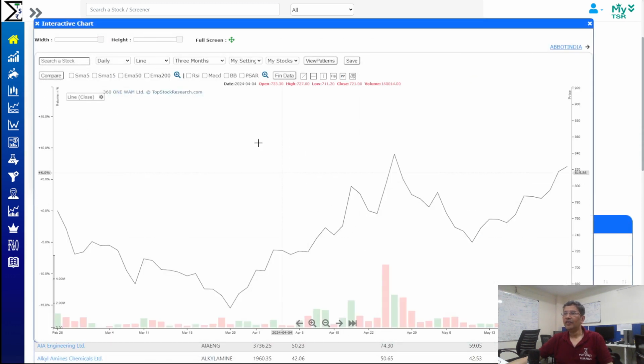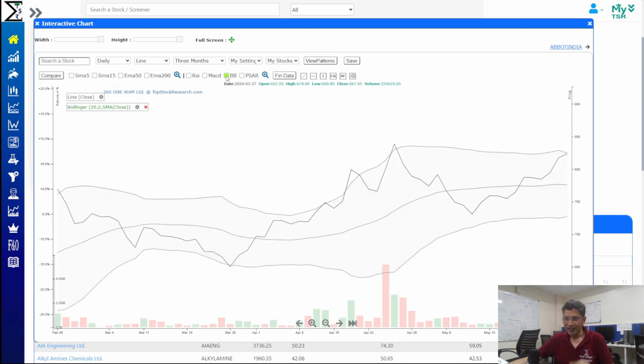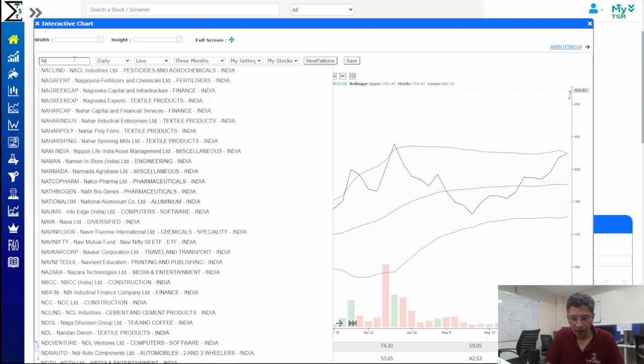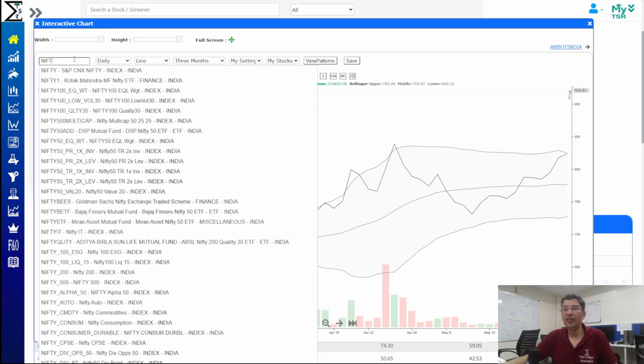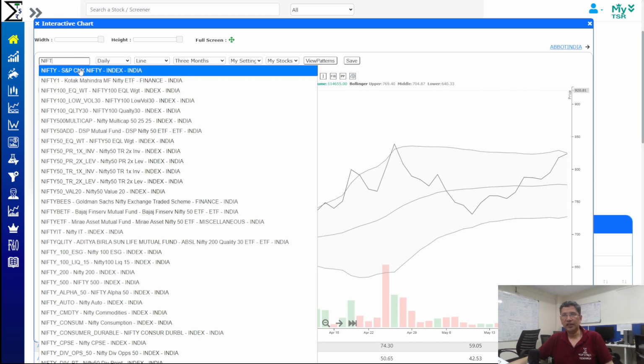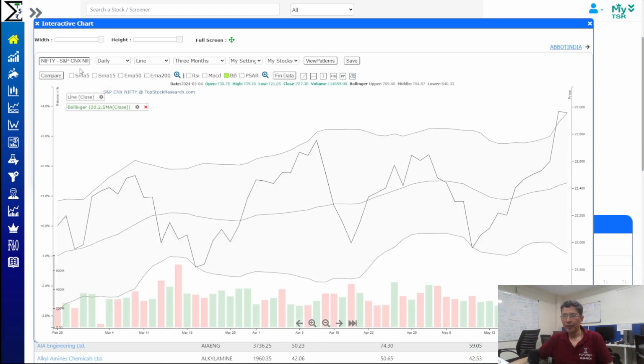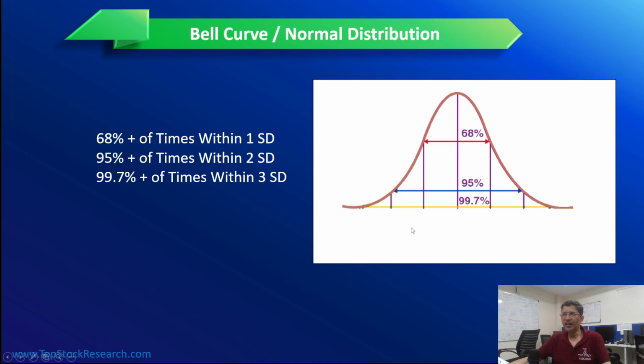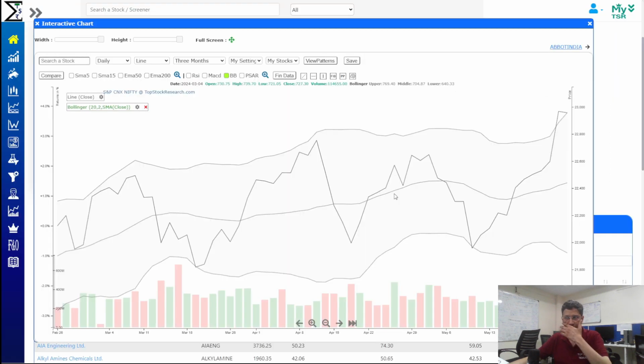When you plot Bollinger Band, 95% of the time, unless it's a stock which is very volatile, generally let's go into something which is much better, let's say Nifty, which is a representation of all stocks. So that will be a good candidate. So what we have seen is 95% of the time the stock is likely to be within this particular time frame for a non-volatile stock or a non-beta stock, right?